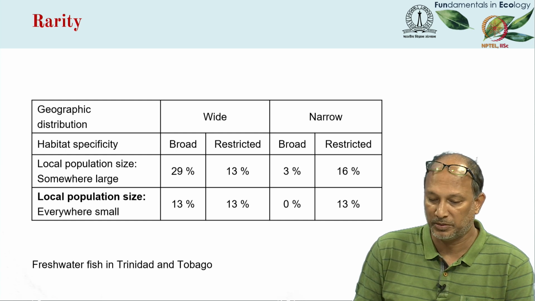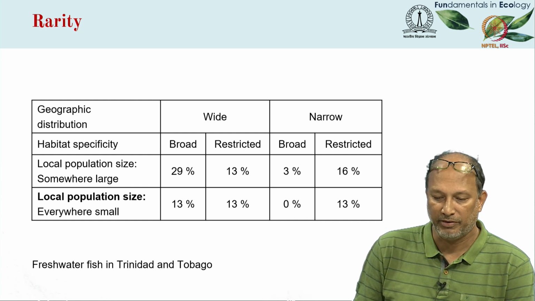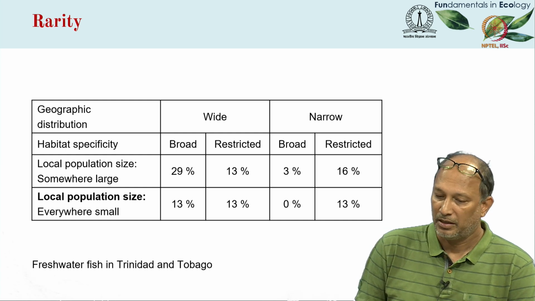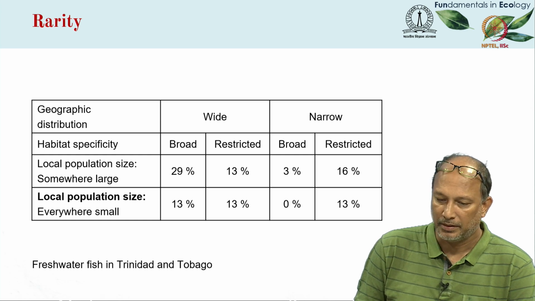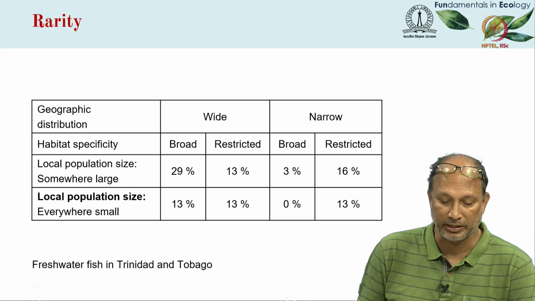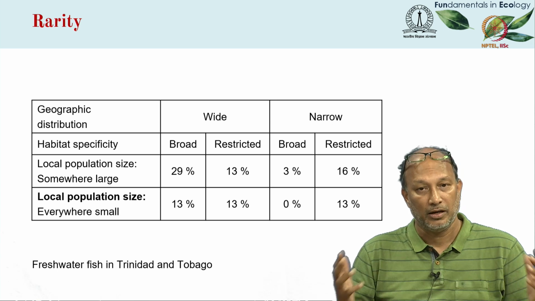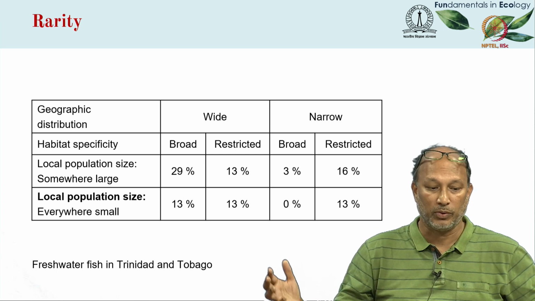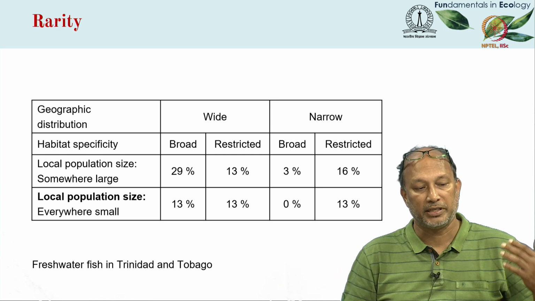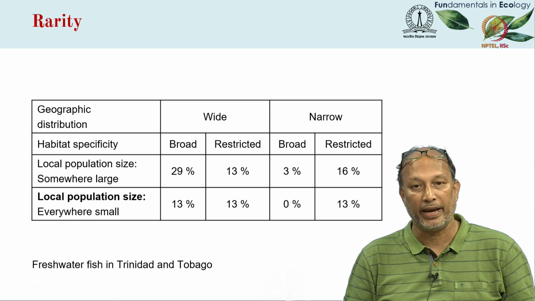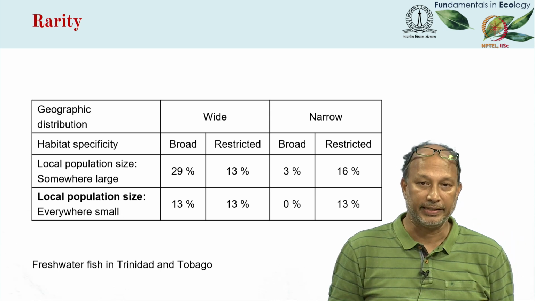There are also 13% of species that are small everywhere but are narrow endemics, and some that are narrow endemics but have large populations. So this distribution across these three axes can vary both in different parts of the world and with different taxa, but gives us an entirely different way of examining rarity.